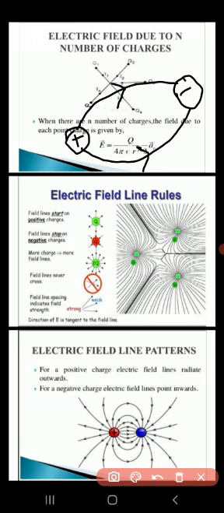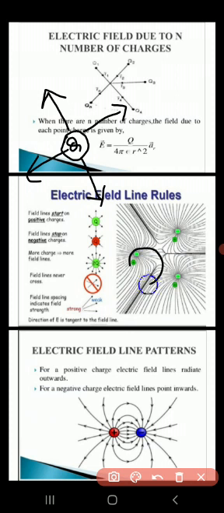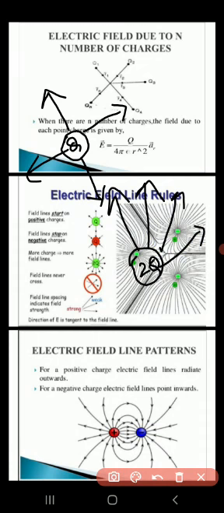Now, suppose at one point the magnitude of charge is q and these are the field lines. And if the magnitude of charge is 2q, meaning the charge is more, you will see the density of field lines is more.